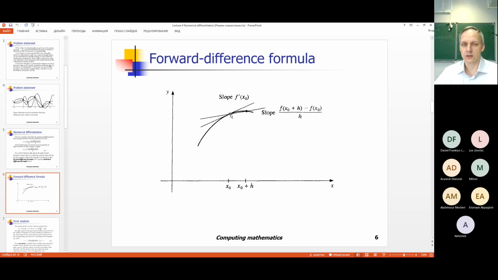You see on this picture that the slope of this line is more or less the same as the slope of the tangent line.